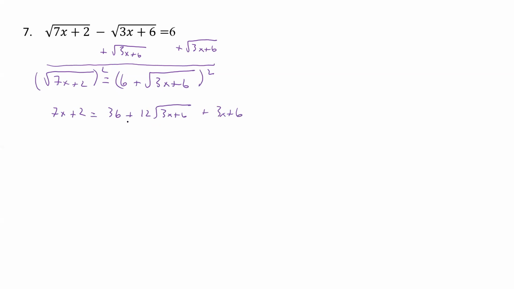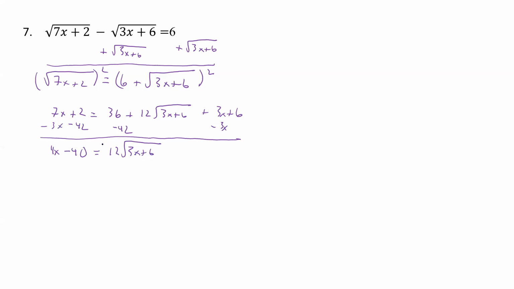All right, so what do we have now? 36 plus 6 is 42, so let's subtract 42. And then let's subtract 3x. So 7 minus 3 is 4x. 2 minus 42 is minus 40. And that equals 12 square root of 3x plus 6.